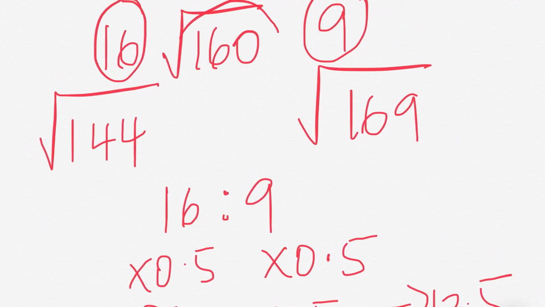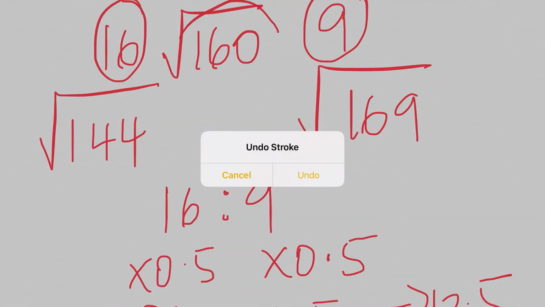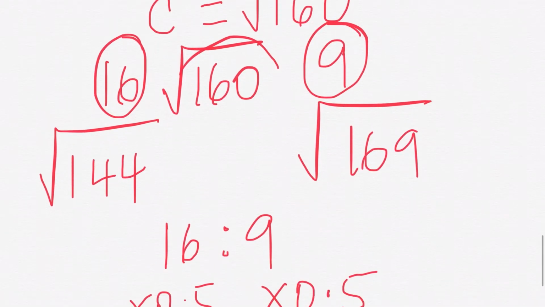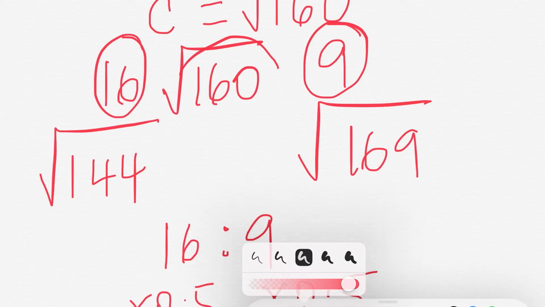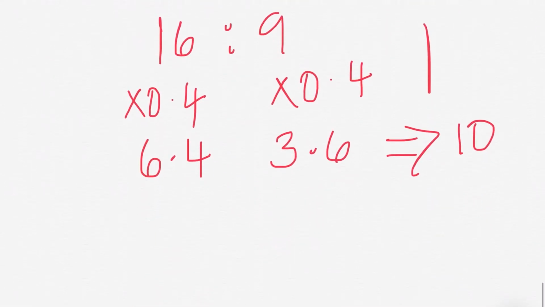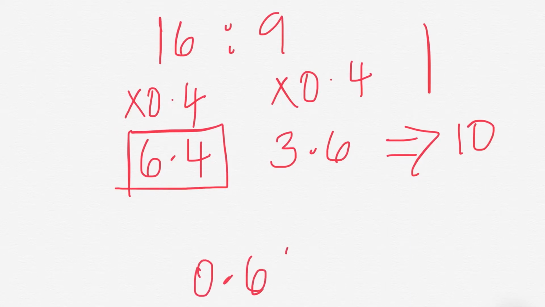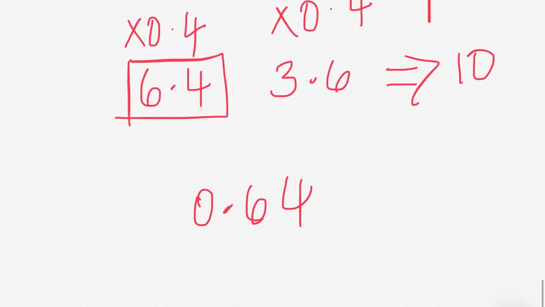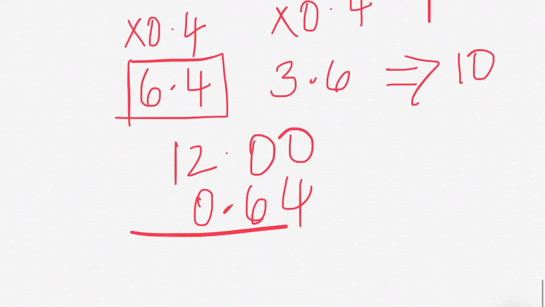Since 160 is more closer to 169, we will take the bigger number, turn it into 0.64 and add it to the square root of 144, which is 12. So our hypotenuse is 12.64.